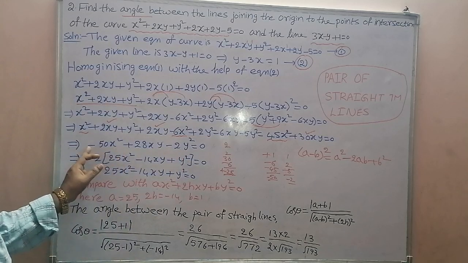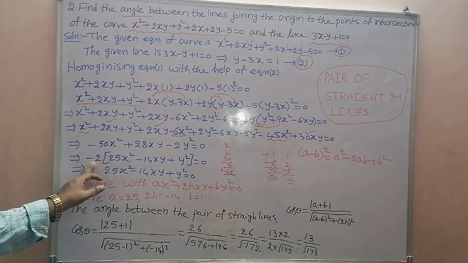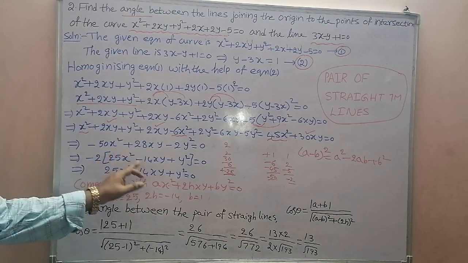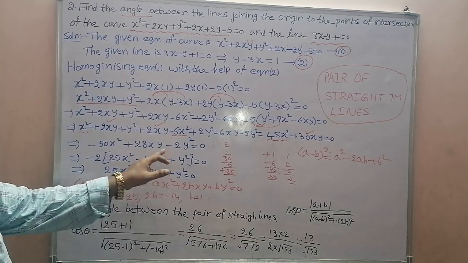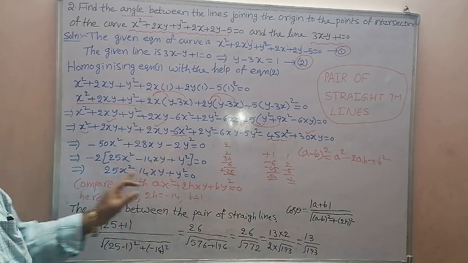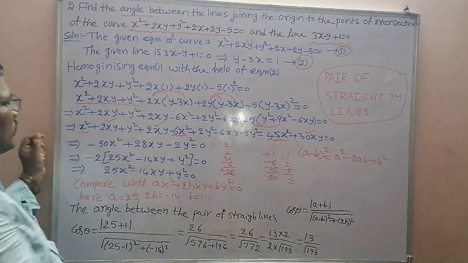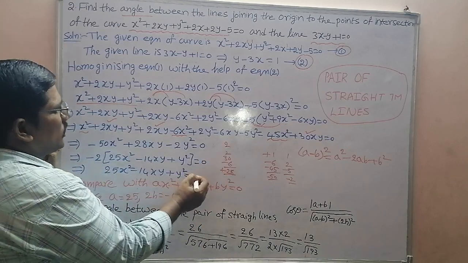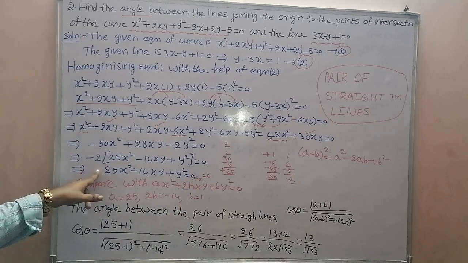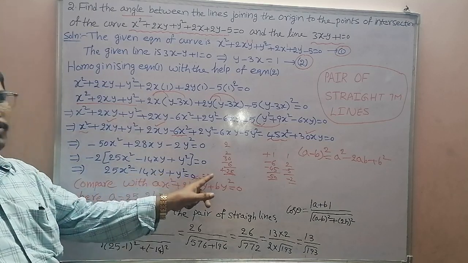Taking minus 2 common, the remaining terms are 25x square minus 14xy plus y square, equal to 0. Dividing by minus 2, we get 0. So the expression is 25x square minus 14xy plus y square equal to 0.